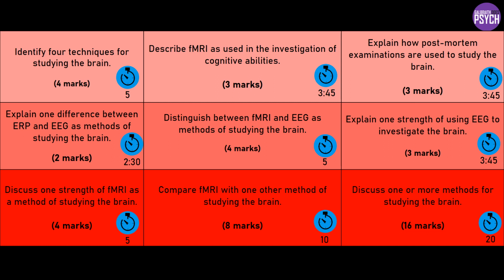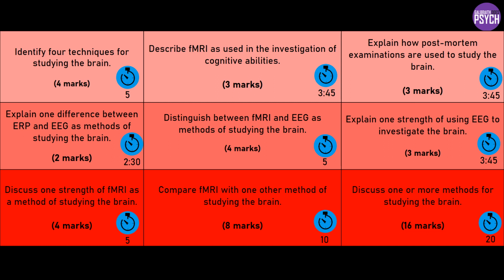So that's the strength. However, and this is where the discussion comes in, however, because it's based on blood flow, critics argue that it is not a direct or not a valid method of studying the brain compared to something like EEG. There you go, done.